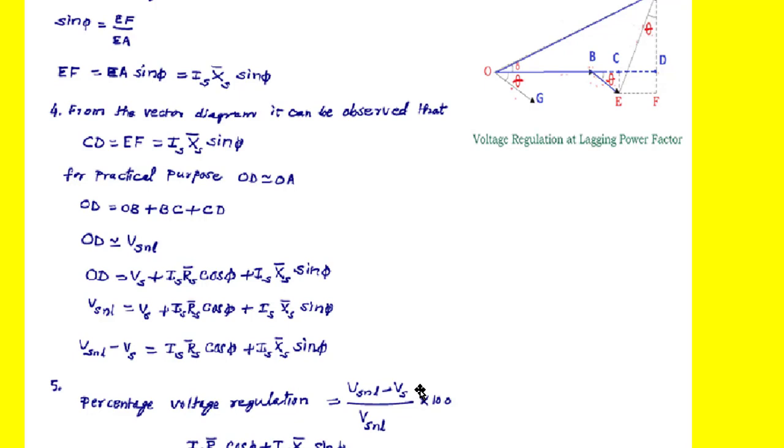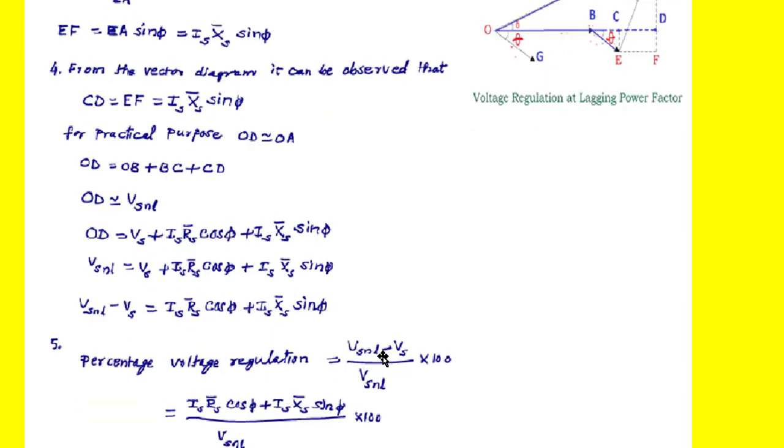In this case it is when the load is lagging load, divided by VSNL, that is no load terminal voltage, into 100. And we know VSNL minus Vs, so we replace that with this, that is we get Is Rs bar cos phi plus Is Xs bar sin phi divided by VSNL into 100.